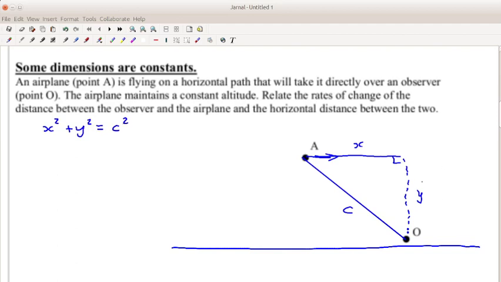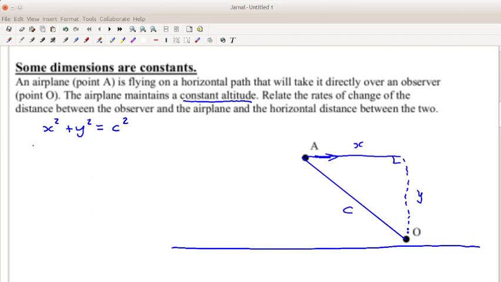If I realize right away that because it's maintaining a constant altitude, this distance isn't changing, that means when I take the derivative of y, it's just going to disappear. Because this amount isn't changing, its velocity is 0.